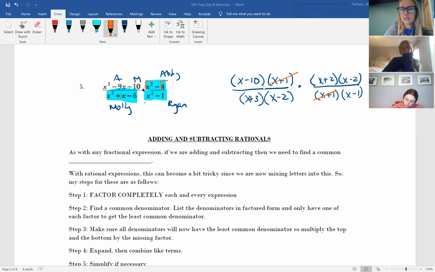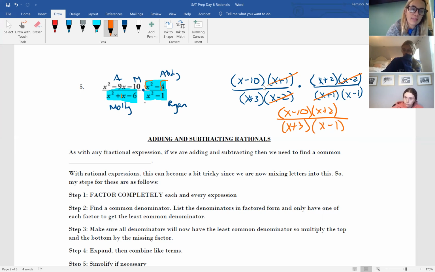So x plus 2, there's nothing on the bottom, but there is an x minus 2 on the bottom. And then because it's multiplied, you just keep the ones that are on the top and you multiply them on the top like this. And then same with on the bottom, you keep those ones on the bottom.